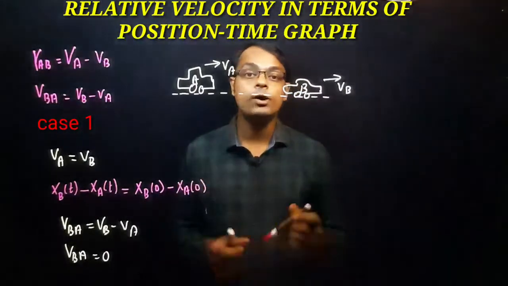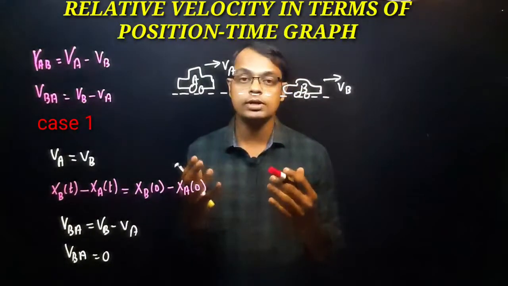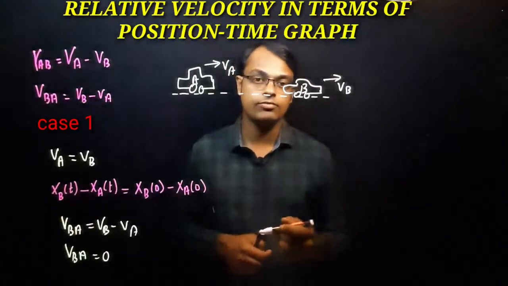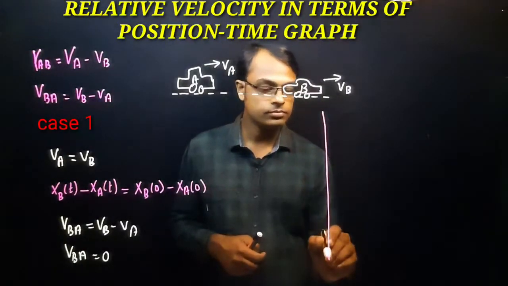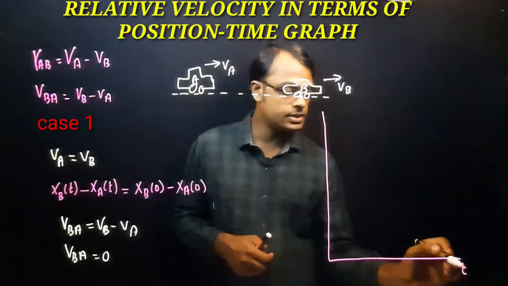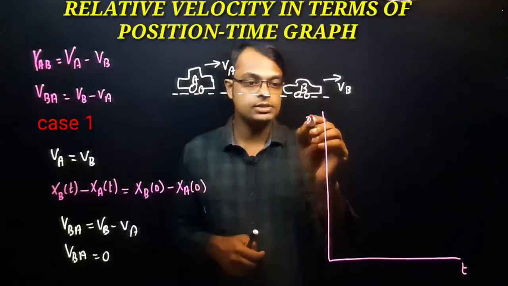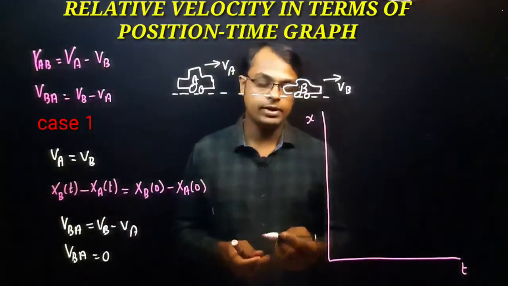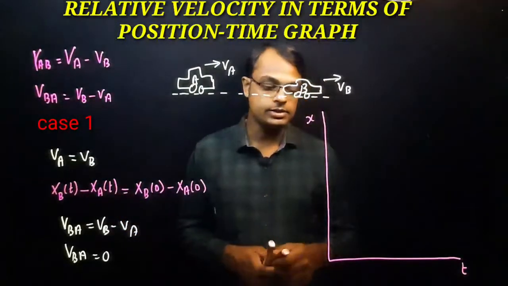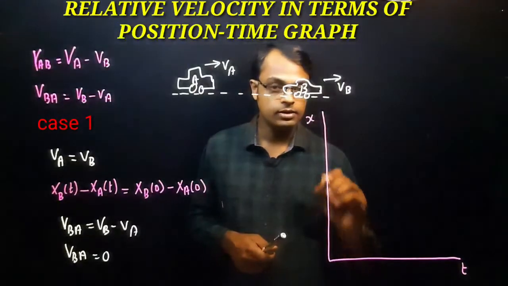Now let's discuss how to represent this in terms of a position time graph. So let's draw the position time graph here. Along the x-axis it is the time, along the y-axis it is the position. We have taken the position as XB, XA. So we can draw the figure like this. The graph will be, the velocities are equal.